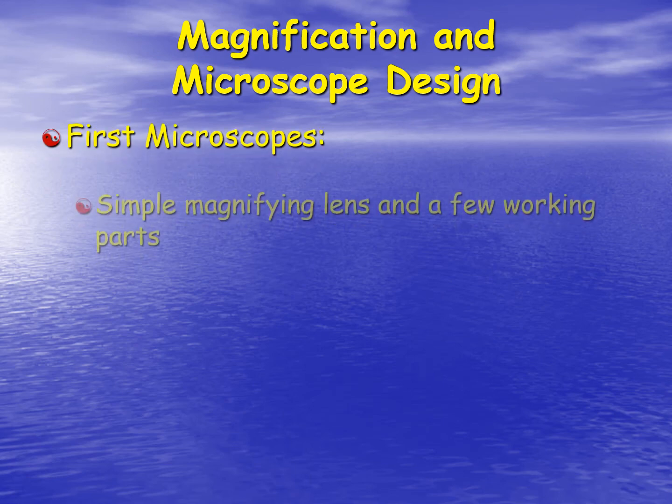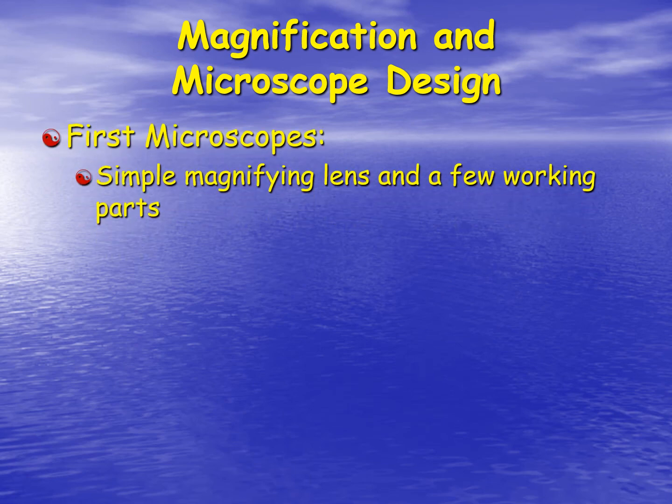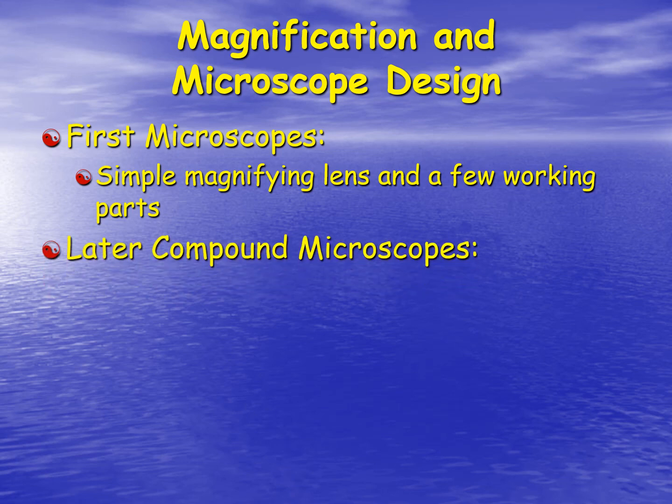Now again, Leeuwenhoek with his first microscopes, and even going back clear to Robert Hooke, was a very simple magnifying lens with very few working parts. But with the advent of Leeuwenhoek's microscope with the adjustable stage, we then came into what we now have as the compound microscopes.